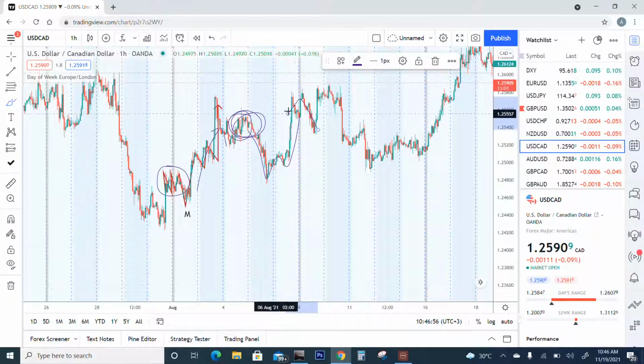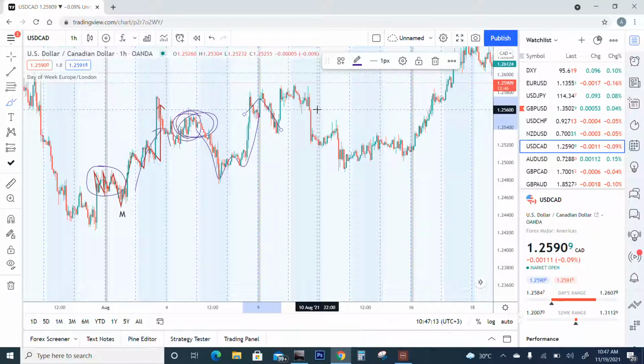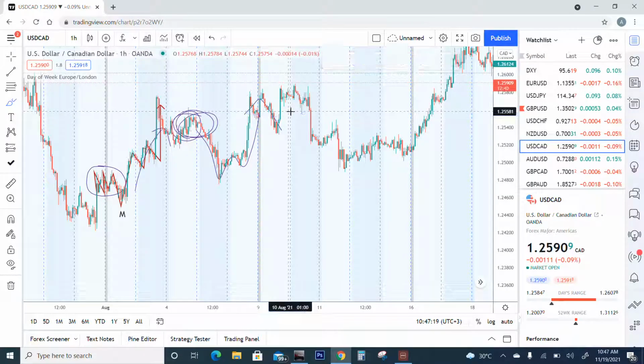Why do you manipulate? Manipulation is going in a different direction from the major direction. What do you mean by major direction? Macro direction. So if the macro direction is bullish, then in micro, the market behaves differently. You should know the market is manipulating. Then it's going to go the major or intended direction. And how do you know which direction? Remember the higher highs and the lower lows, when the market's going up and when it's going down.